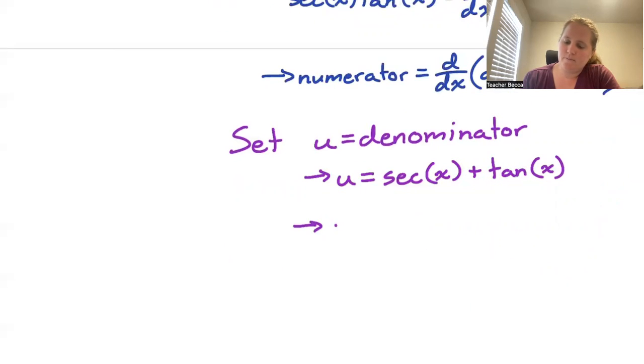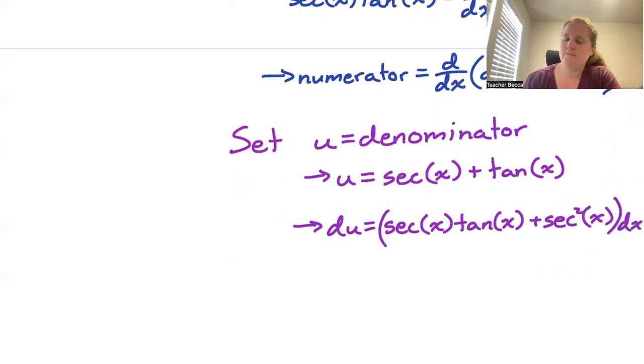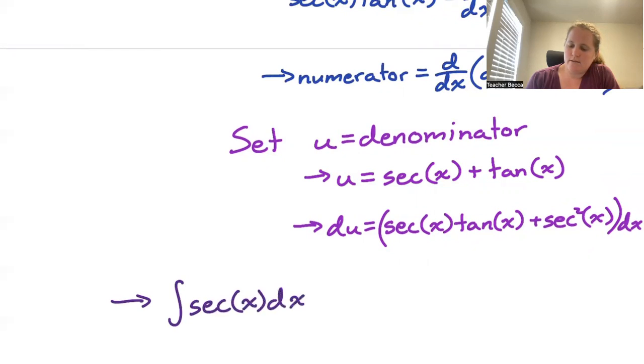Then our du is secant x tan x plus secant squared x, whole thing times dx. What we get then is that the integral of secant of x dx is simply equal to the integral of 1 over u times du.